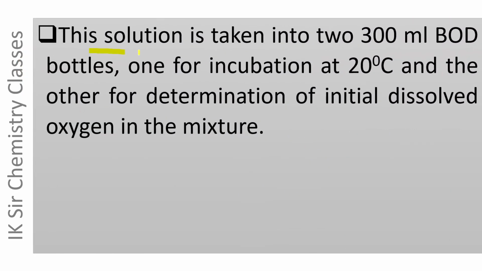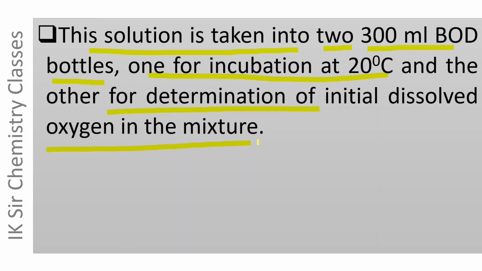This solution is taken into two 300 ml BOD bottles, one for incubation at 20 degrees centigrade for 5 days and the other for determination of initial dissolved oxygen in the mixture.